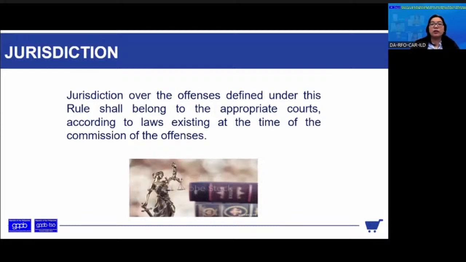So these laws usually define where the cases will be filed, and of course the applicability of the laws would be at the time of the commission. No? Usually, hindi naman po siya prospective.